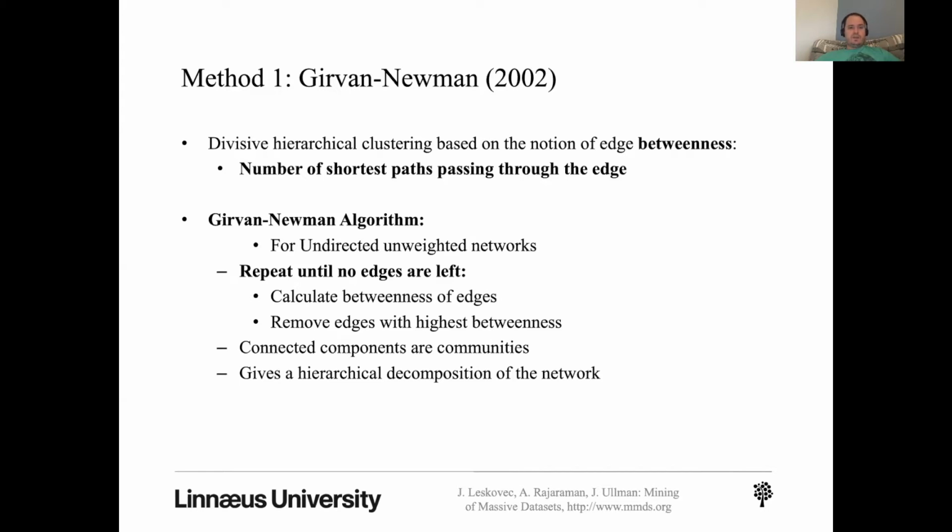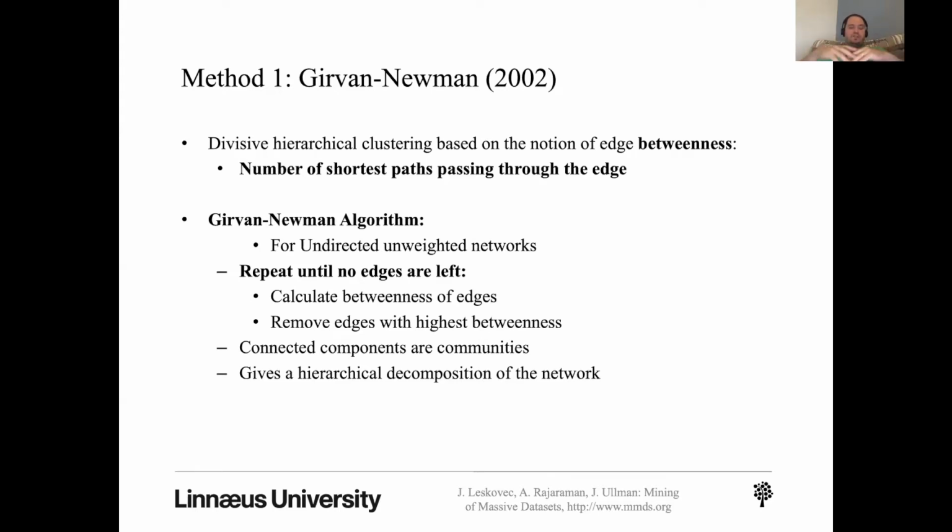And this paper from Girvan and Newman is a very seminal paper in the area that discussed edge betweenness, and based on it, it discusses a method for finding communities, right? Because in this case, the communities are found by cutting these edges.